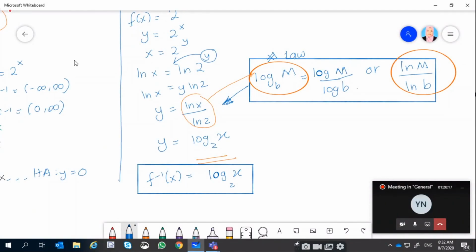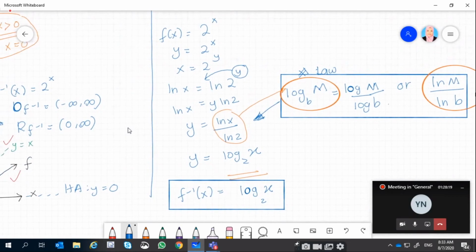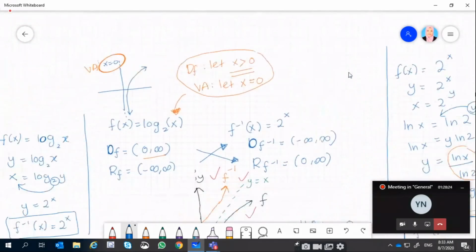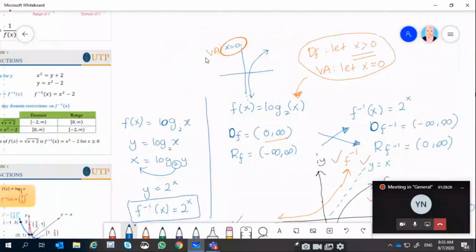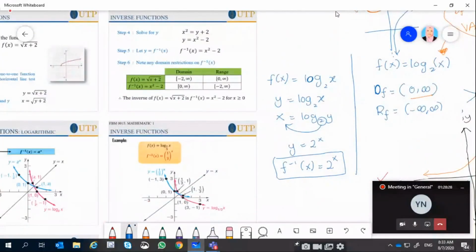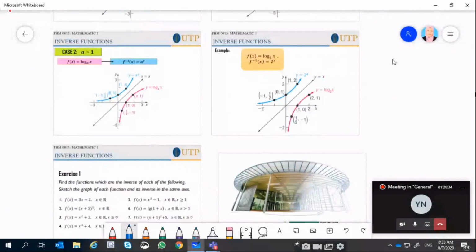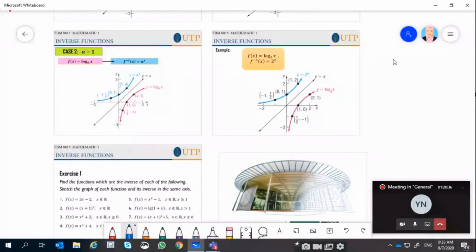So I think that's all in subtopic 2.5 regarding inverse functions. I will give another exercise later. If there's no question, can I continue to the next subtopic?